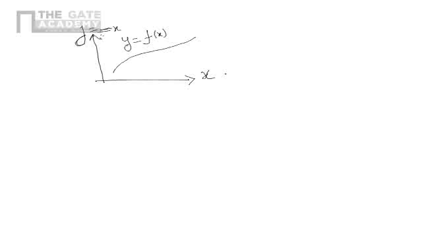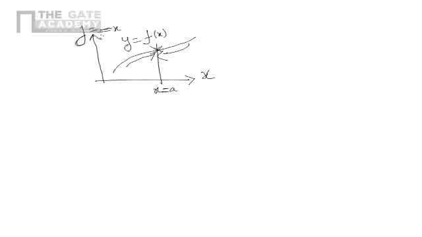What happens is we were trying to find the value at x equal to a, and we said that the value converges at this point. Correct?